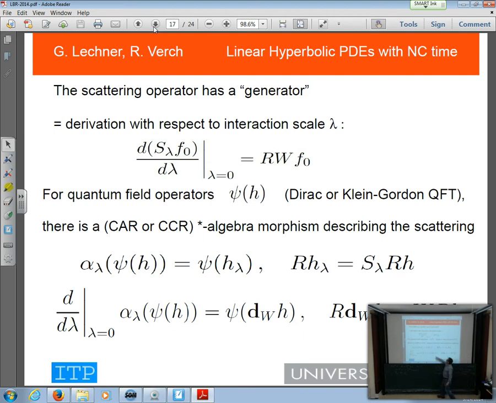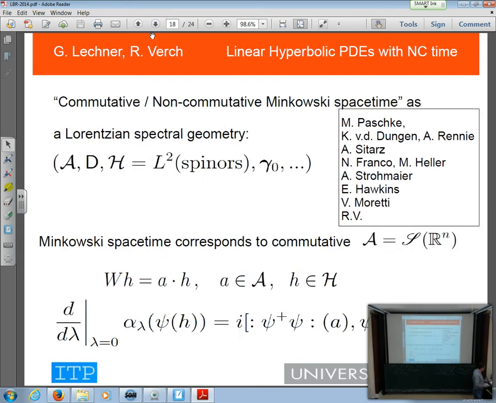So, and then you get these algebraically second quantized versions of this first quantized, if you like, scattering process on the solutions.